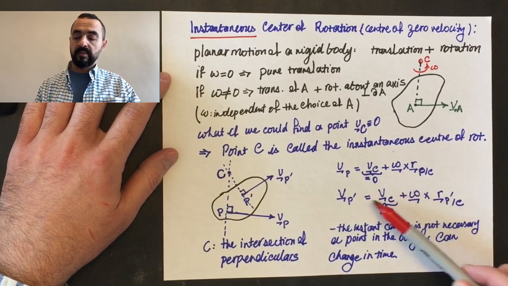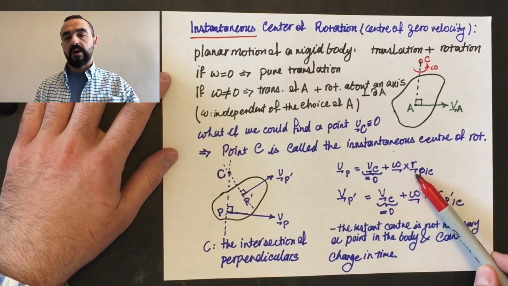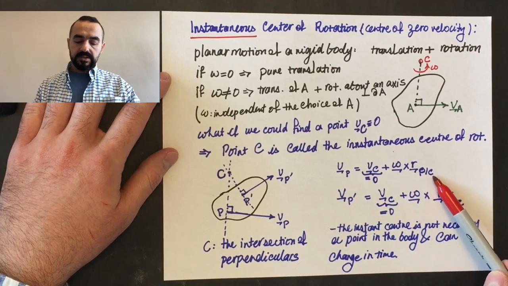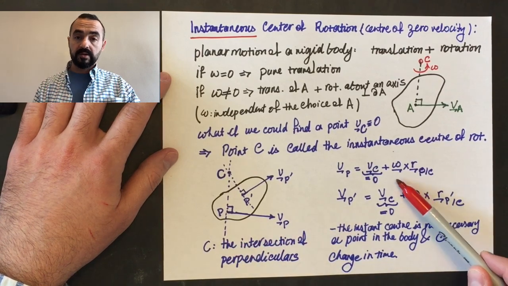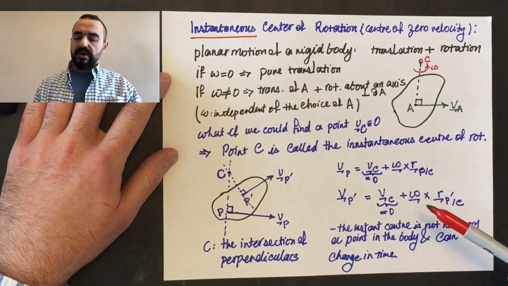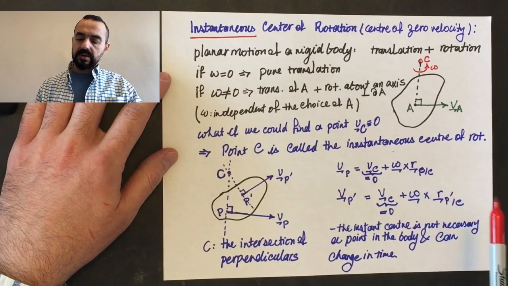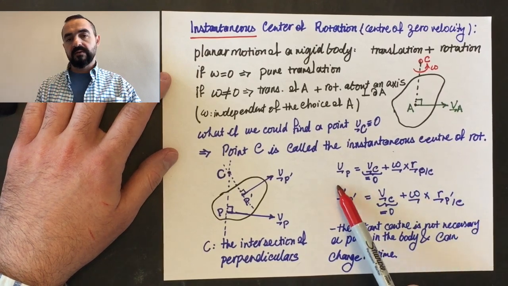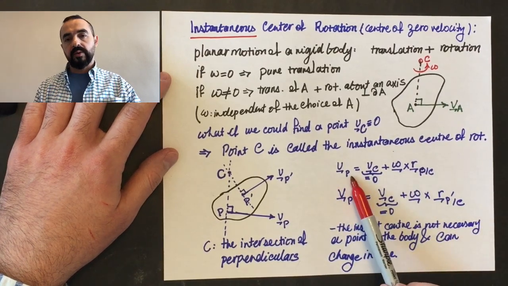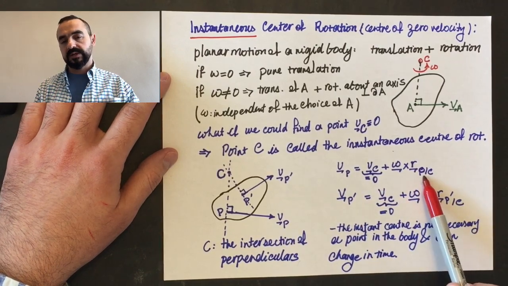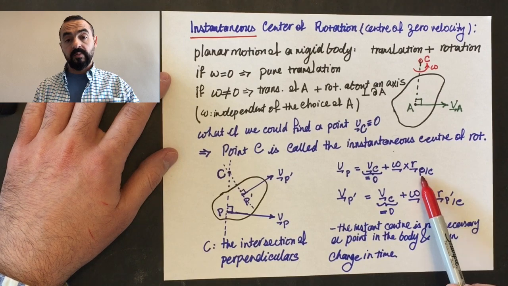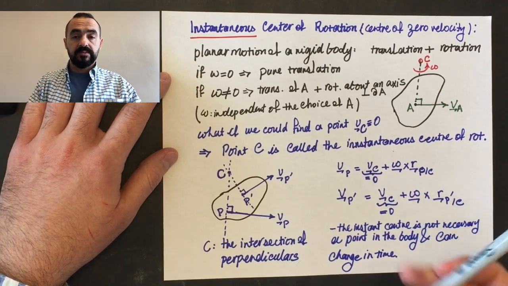So Vp is going to be omega cross Rp with respect to C. Think about this planar motion, and also think about the right-hand rule. Your Vp, the velocity of the point, has to be perpendicular to the position vector of P with respect to C, and also omega. Omega points out of the page.